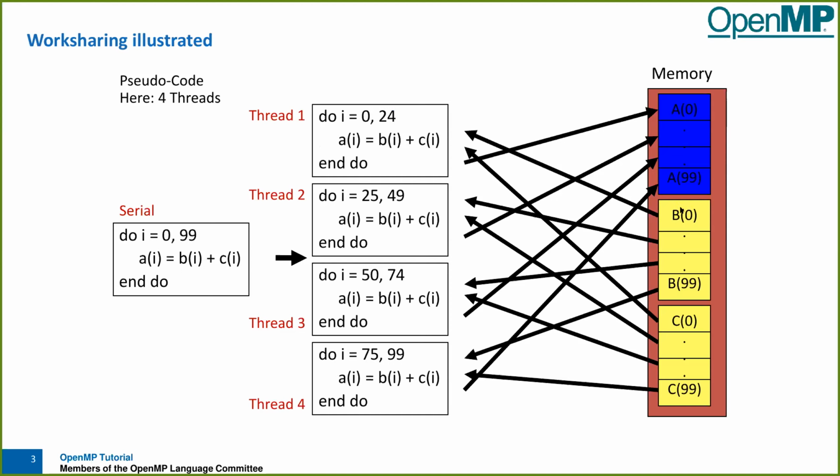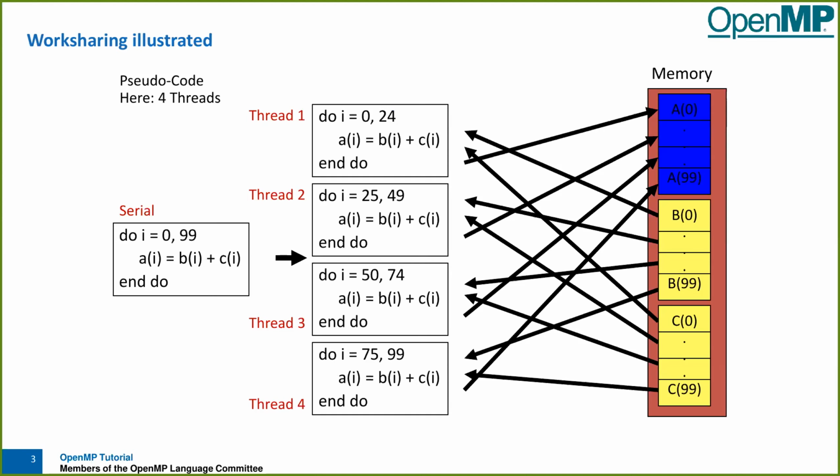And it reads a certain partition of B, namely B from 0 to 24. It reads a certain partition of C and writes to a certain partition of A. The other thread performs the same code, but has a different iteration range from 25 to 49 and so forth. So in this case, the loop iteration space is distributed over the team of threads.